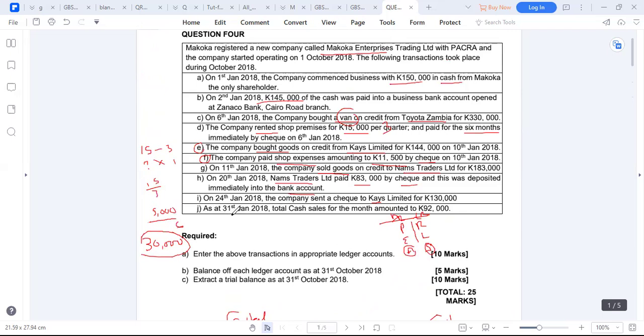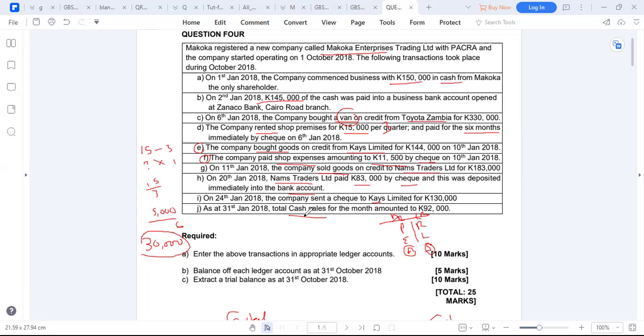Then here, as at 31st January, total cash sales for the month amounted to 92,000. So cash and sales. Cash is receiving; sales, all sales have a what? Credit balance. So cash sales, 92,000.